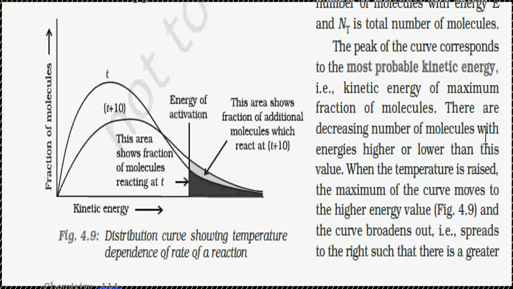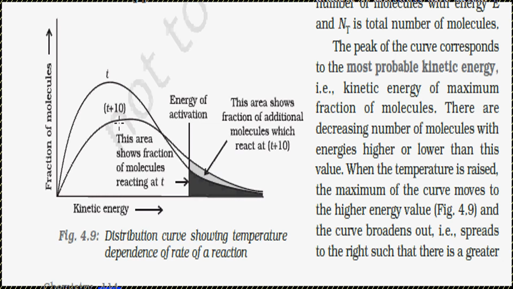Now when the temperature is raised, the maximum of the curve moves to the higher energy value and the curve broadens out. So here you can see the temperature is T. Now the temperature is raised to T plus 10.